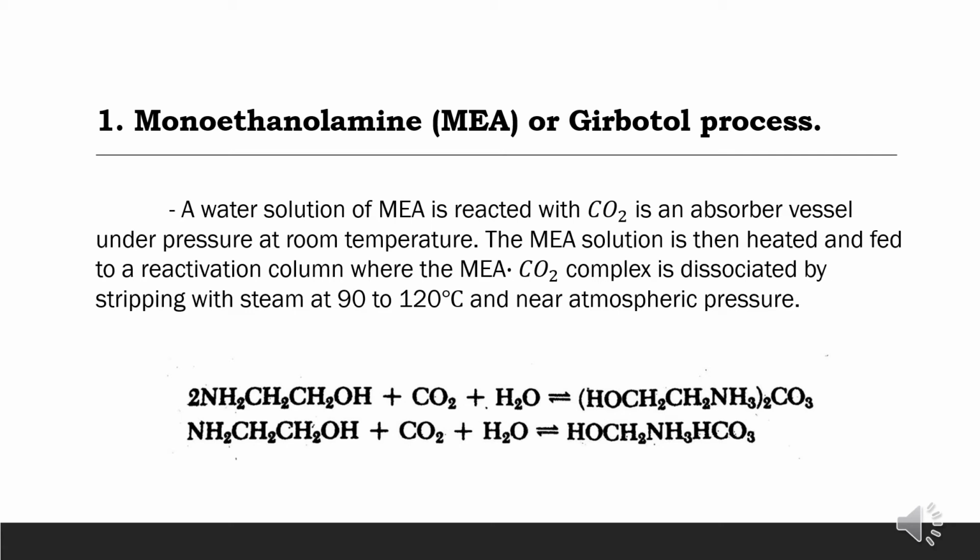Compared with physical absorber types of CO2 removal processes, the MEA process is capable of reducing the CO2 concentration in the process gas to less than 0.1% by volume. A major problem associated with the use of MEA solutions is their corrosive effect on the process equipment. Corrosion is most severe at elevated temperature where the acid gas concentration in solution is the highest.